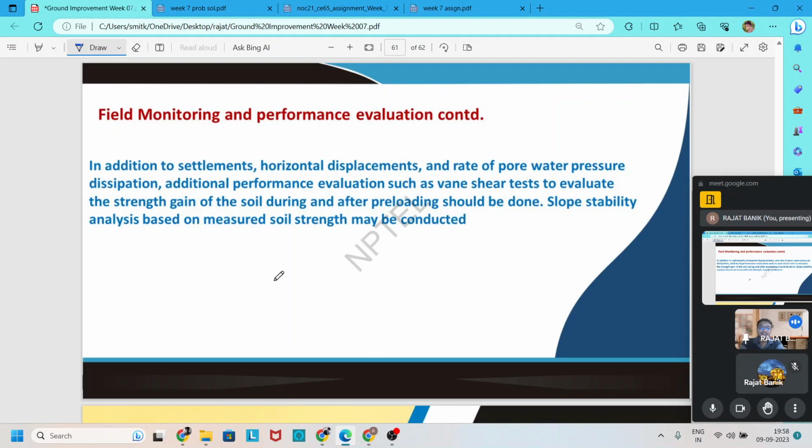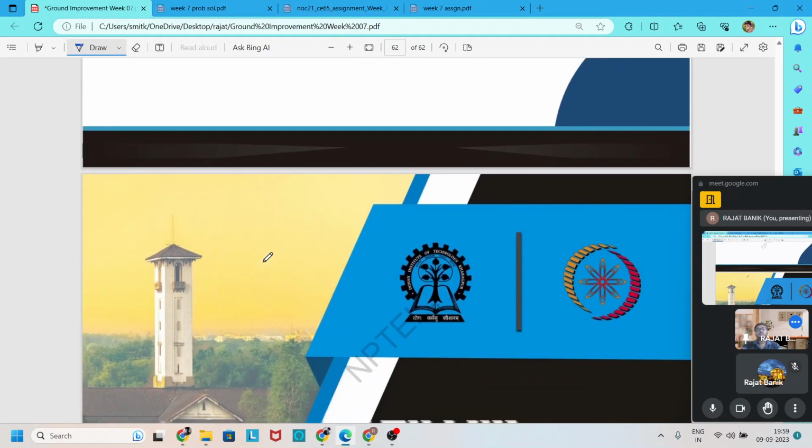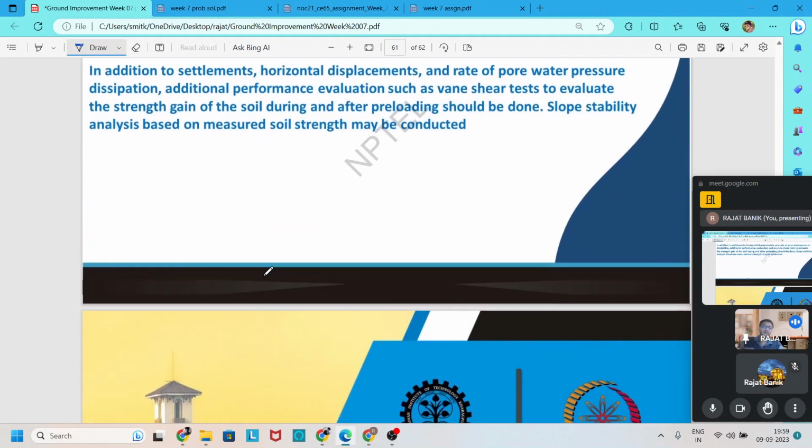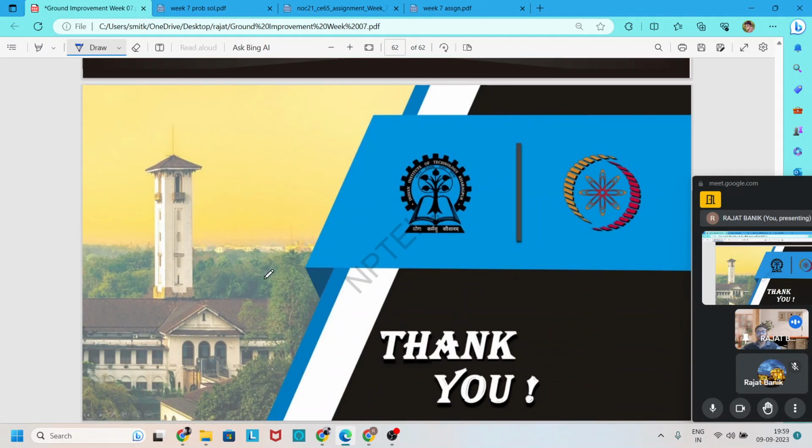All these things need to be considered during the safe performance of the pre-consideration in a soft soil. And this is all about the pre-consideration.